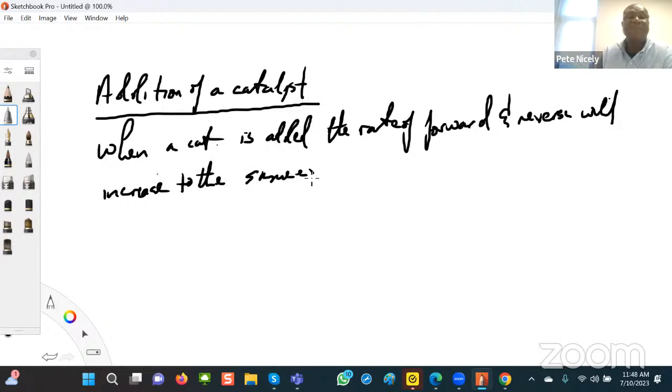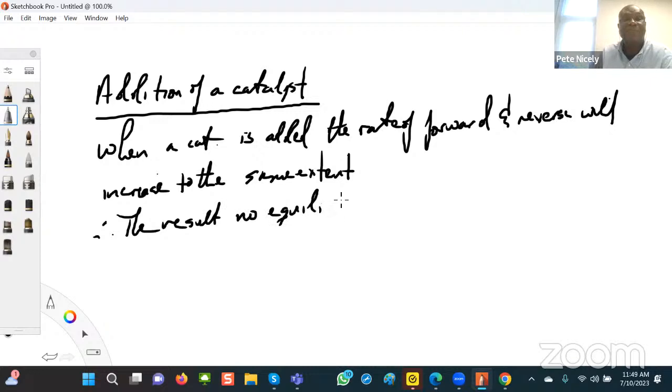All right. And if you remember what we talked about in the chapter before this one, the catalyst basically lowers the activation energy of the reaction. And it lowers the activation energy for both the forward and the reverse reaction. So the result is no equilibrium shift one way or the other.